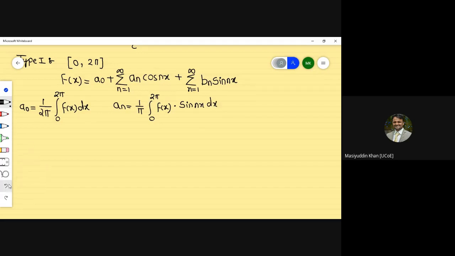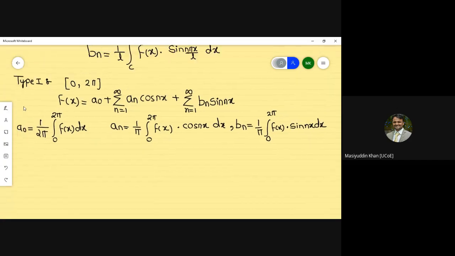Sorry, for a n we have to write cos nx, so f of x into cos of nx into dx. b n is equal to 1 by pi integral 0 to 2 pi f of x into sine of nx into dx.